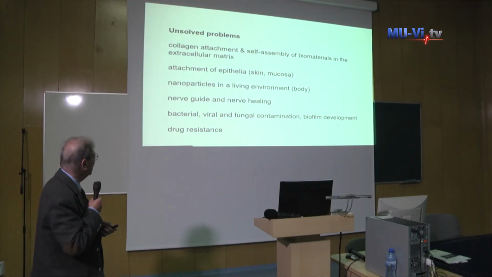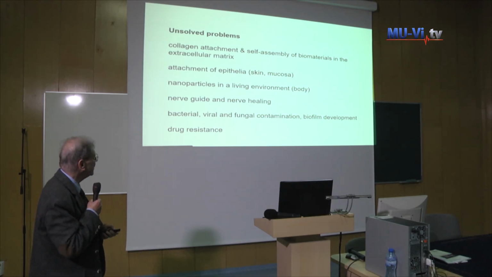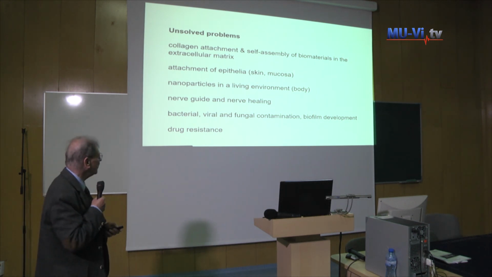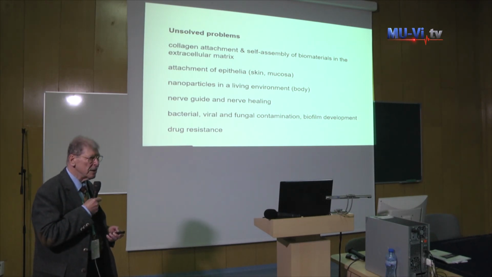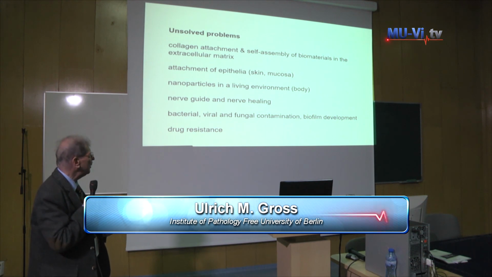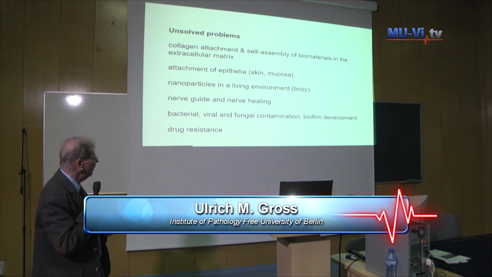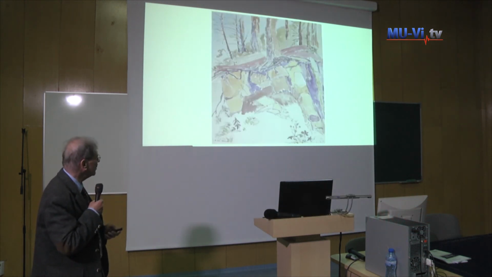What does happen to nanoparticles and to people with nanoparticles in a living environment? We need some solution for nerve guide and nerve healing, and bacterial, viral, and fungal contamination. That means biofilm development should be in some way treated or avoided, and one problem is also drug resistance.